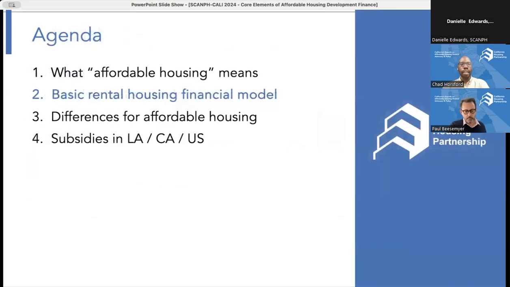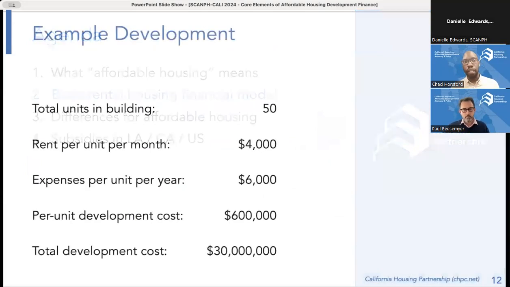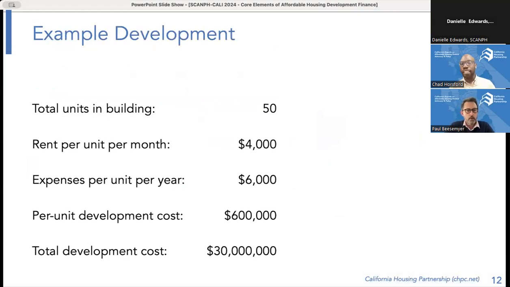So to go on a bit, in the second section, we're just going to briefly walk through a basic rental housing financial model for how putting together a market rate deal may look. So in our example development, which is very oversimplified, we're going to assume that we have 50 units in a building.